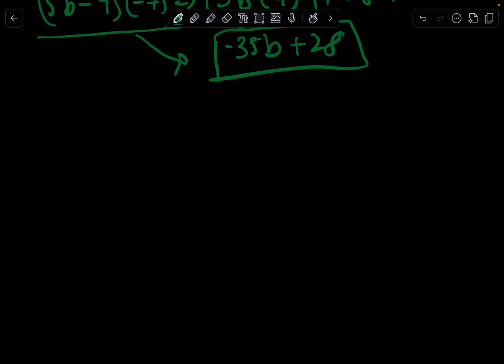Okay, let's try to rewrite the following fraction here: 7x plus 2 divided by 5. Okay, so how can we rewrite this fraction into another form?